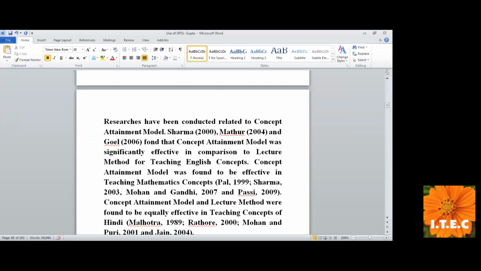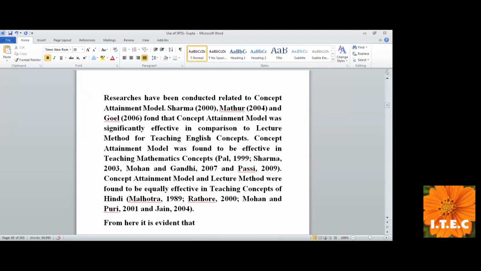Now, once you write this, you can say now from here, it is evident that, if you want, you can write a separate line.